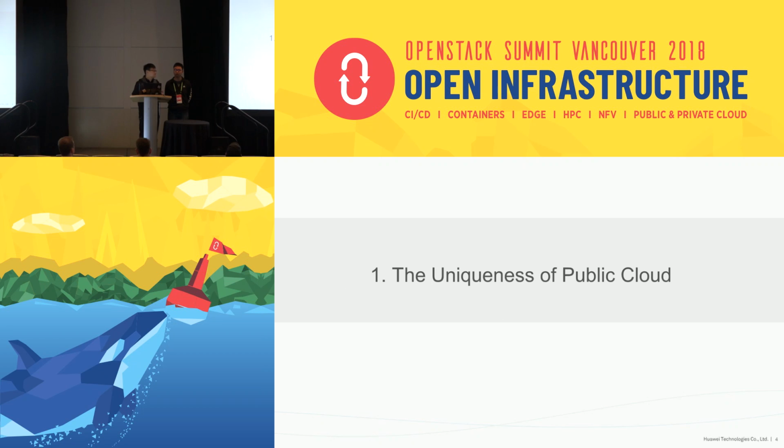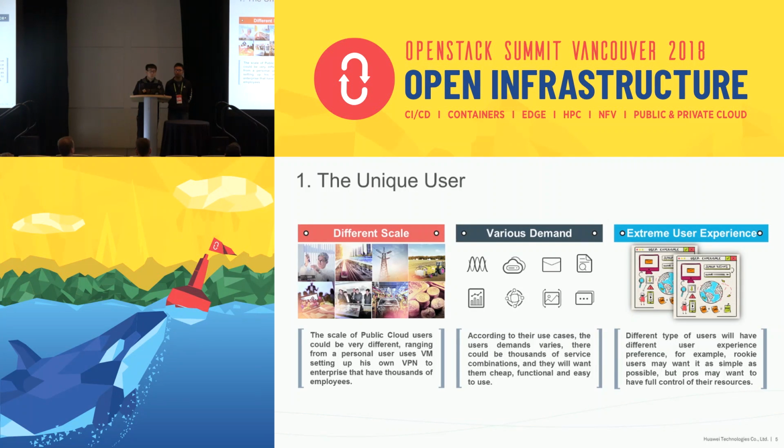So let's start the first part, the uniqueness of public cloud. We will look into this as 3 different roles, as I mentioned: user, operator, and vendor. So what makes public users so unique? This could be in different scales, ranging from a personal VM setting up their own VPN, to an enterprise that has thousands of employees.